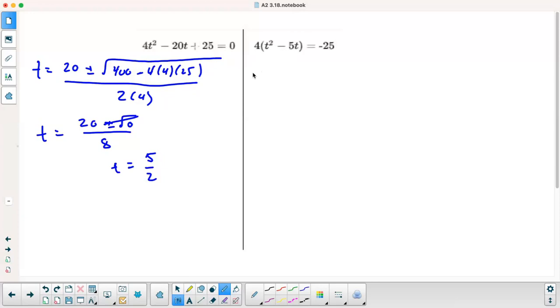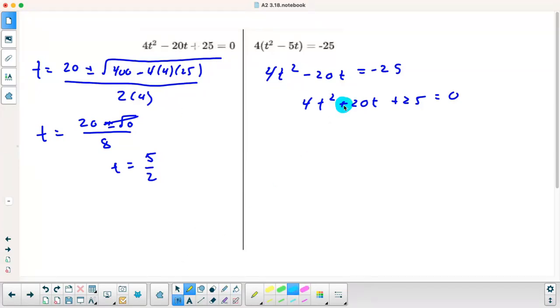Over here, I'll tell you what, the easiest way to do this is probably just to distribute. Because it's not squared, I can't square root both sides. And then if I move the 25 over by adding it to both sides, you're going to notice right away that we're not going to get the same number because this is positive and this is negative.